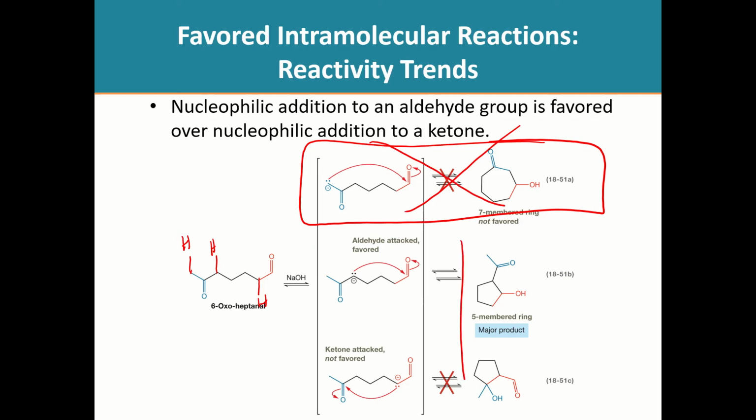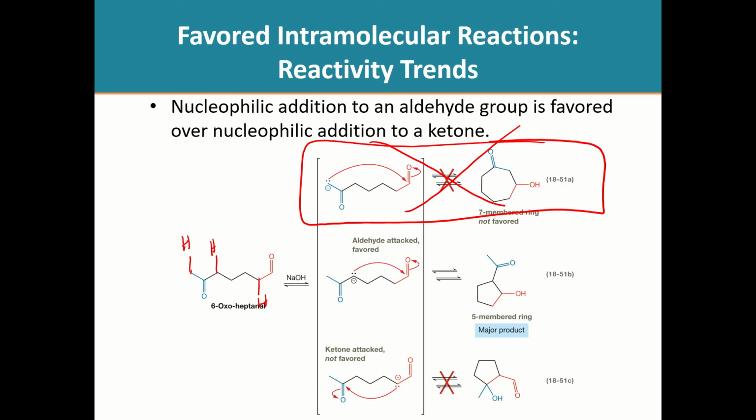Okay, but then when we compare these two, we see they're both 5-membered rings. So both, in theory, should be plausible and could be a really good product. But recall what I said about aldehydes and ketones. Which one's more reactive between the two? Hopefully you've all said aldehydes are more reactive than ketones. Okay.